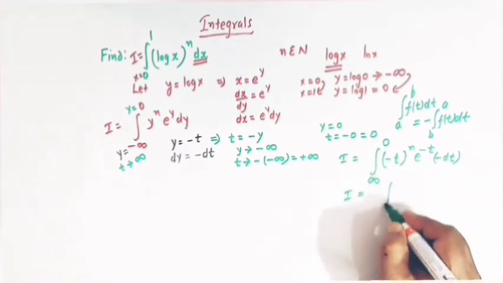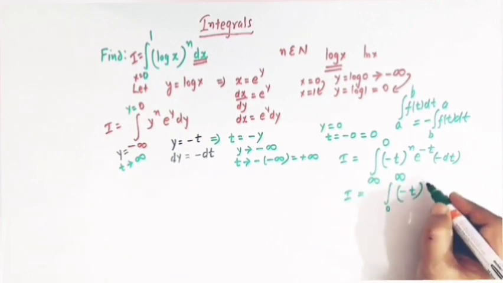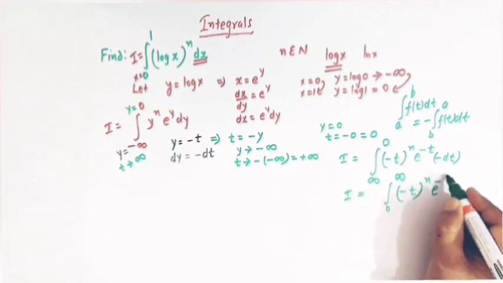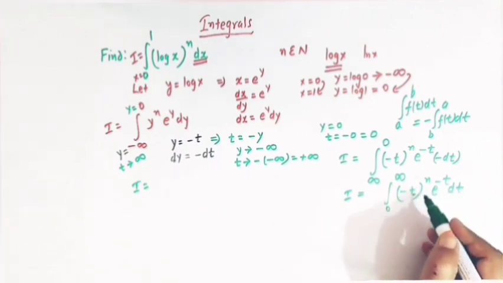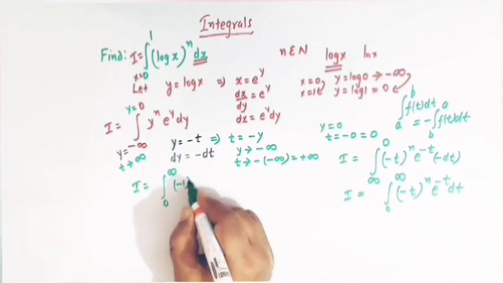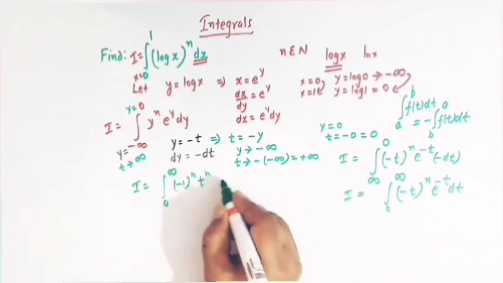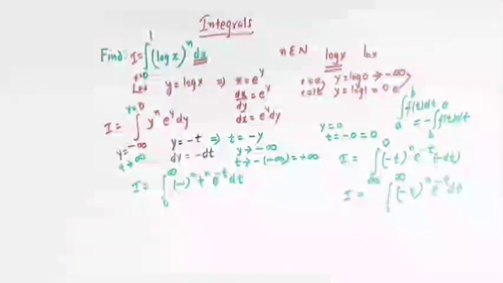So I is now the integral from 0 to infinity of (minus t) raised to n times e raised to minus t dt. Now we can rewrite this integral as the integral from 0 to infinity of (minus 1) raised to n times t raised to n times e raised to minus t dt.